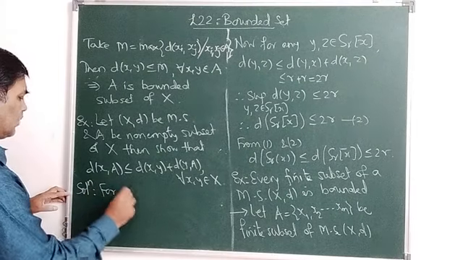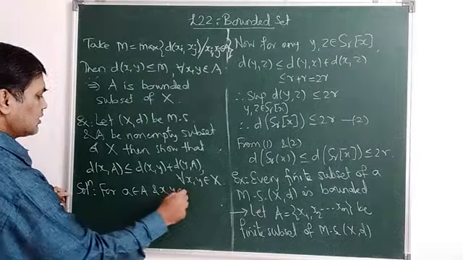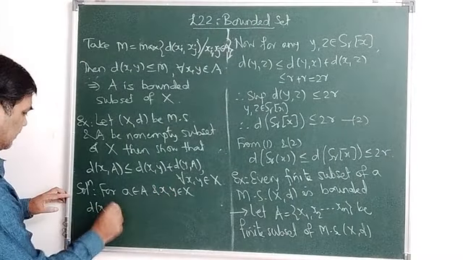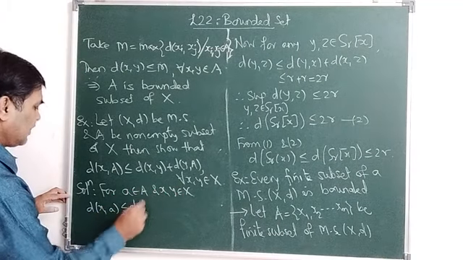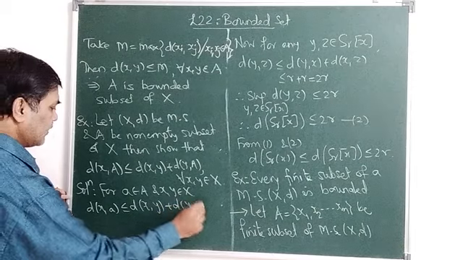Solution: for a belonging to A and x, y belonging to X, d(x, a) is less than or equal to d(x, y) plus d(y, a).